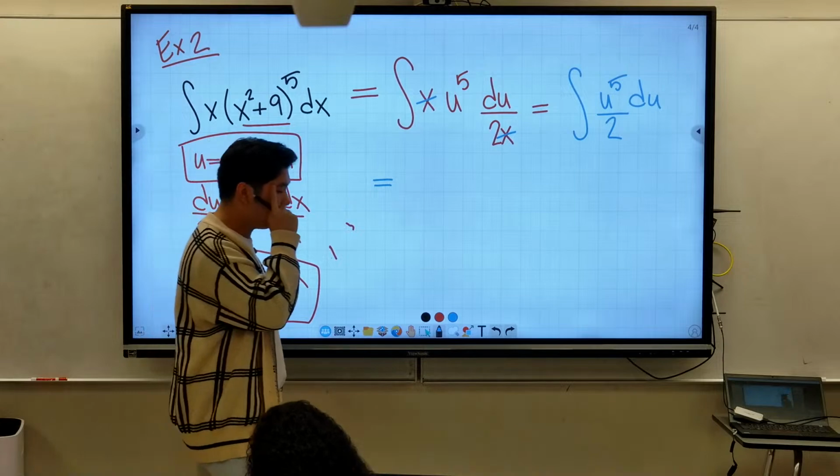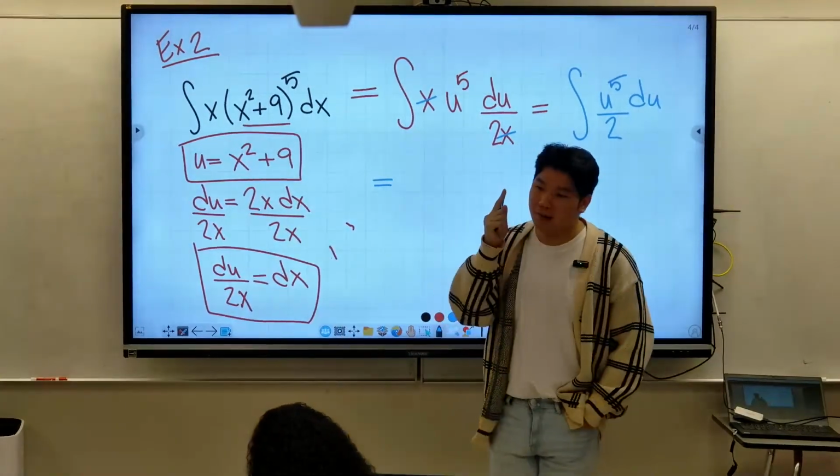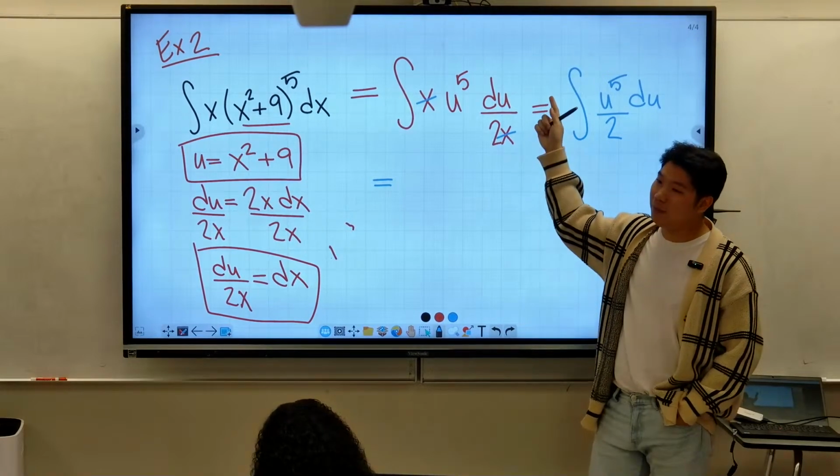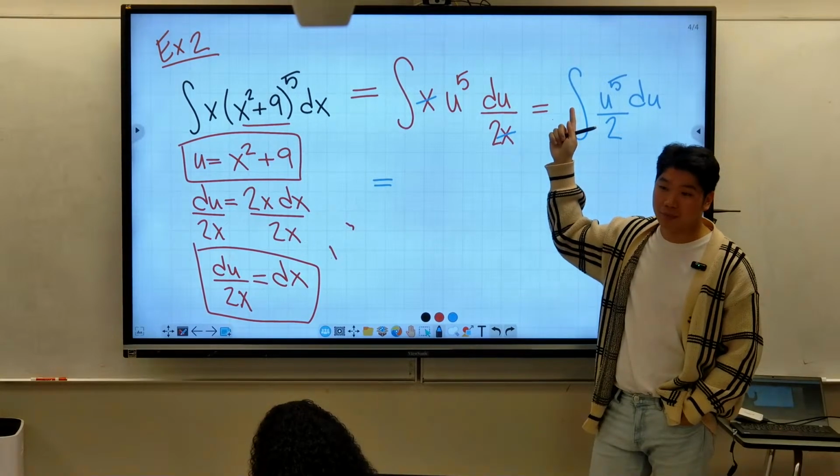No, not exactly. Remember, we have one special rule for integration that we've definitely learned about. This is just my variable to a power.